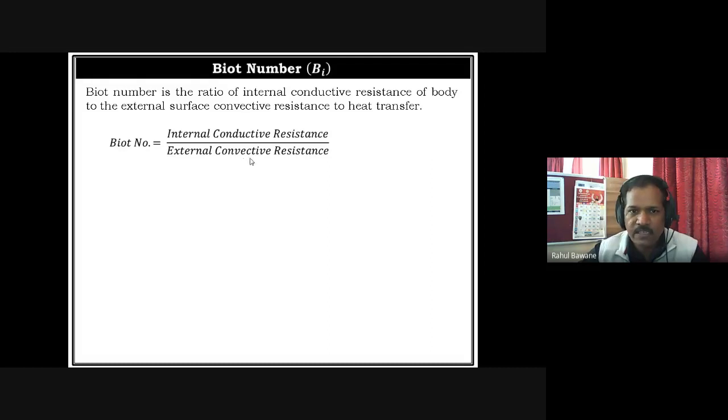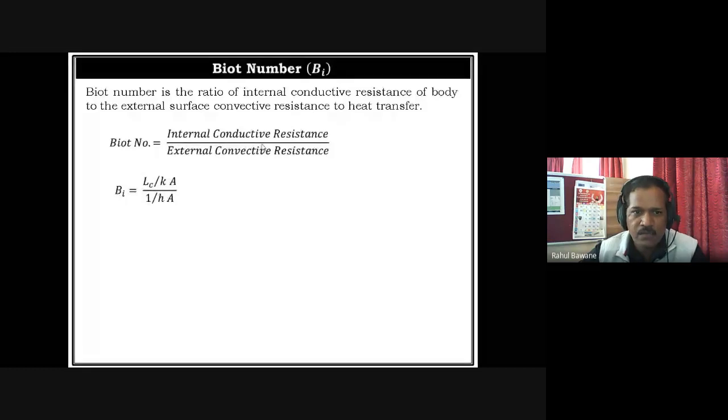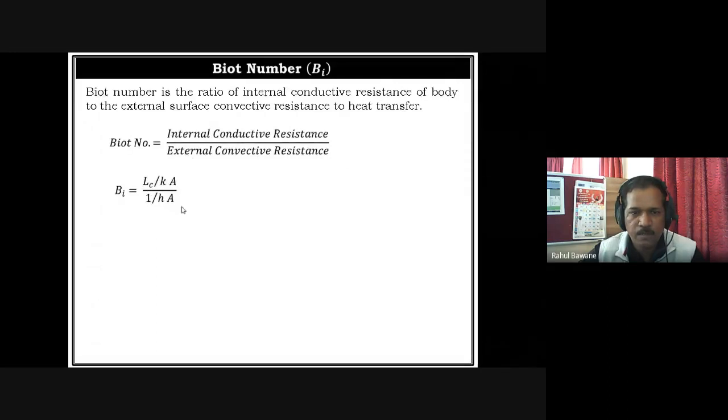Now we know internal conductive resistance is L upon kA, but here we will not put simply L, length, because that object might be a sphere. So in that case we put Lc, the characteristic length. So Lc by kA is the internal conductive resistance and the external convective resistance is 1 upon hA.